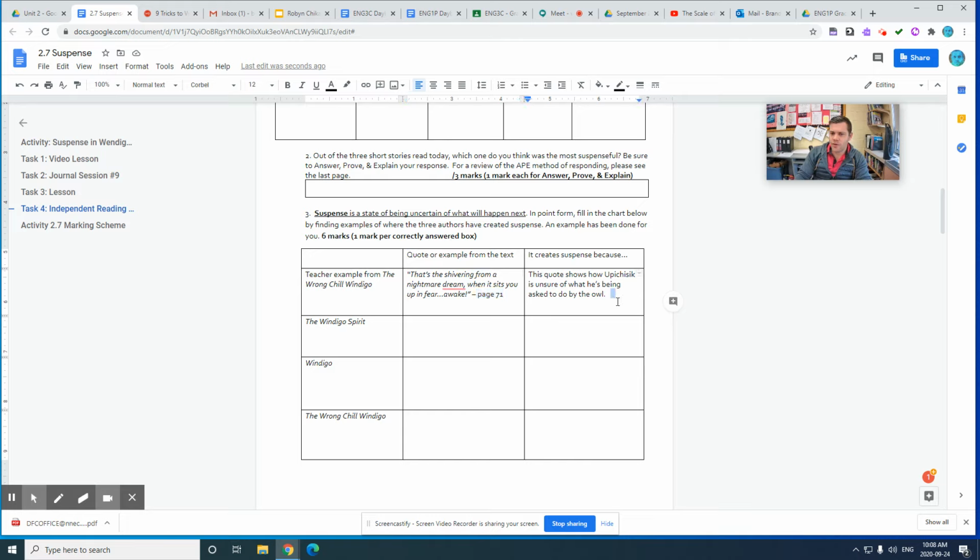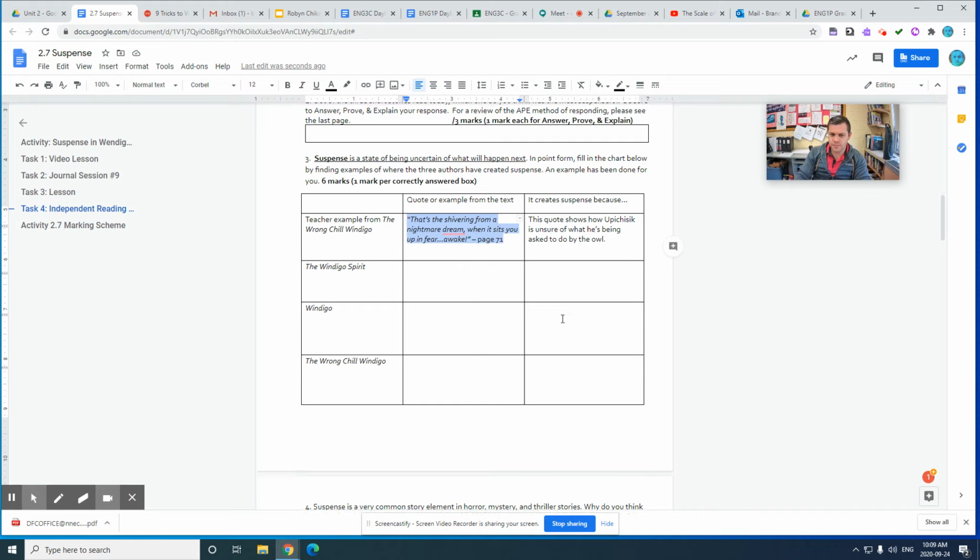I said the quote shows how Upechisuke is unsure about what he's being asked to do by the owl. So remember, suspense is not knowing what's going to happen next. So the reader doesn't know what the main character is going to be asked by the owl. We find out as we go through the story, but that's what suspense is. So give me 3 examples of suspense, 1 per story, and then an explanation. So remember, the quote and the page number go into this column here. Your explanation goes into the right-hand column.